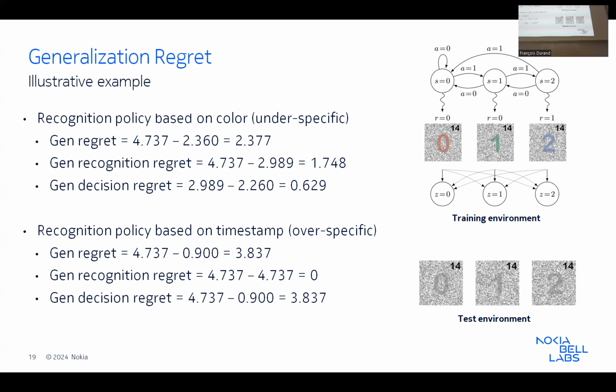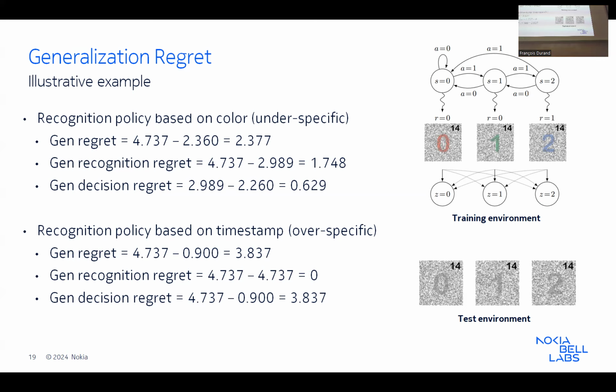However, if we have a recognition policy that's based on the timestamp, then that turns out to be over-specific. And maybe one thing I should have said is we'll also assume that when we do the test, we don't necessarily start at the same place every time. Our initial state could be different.